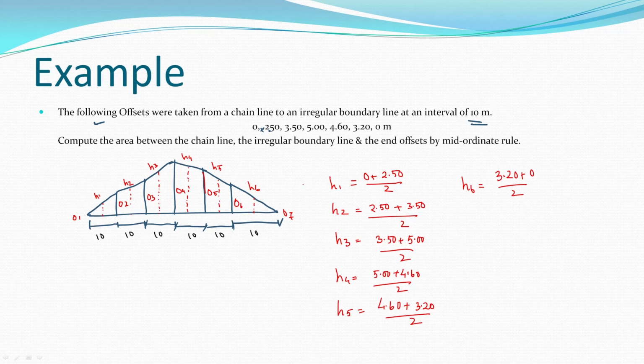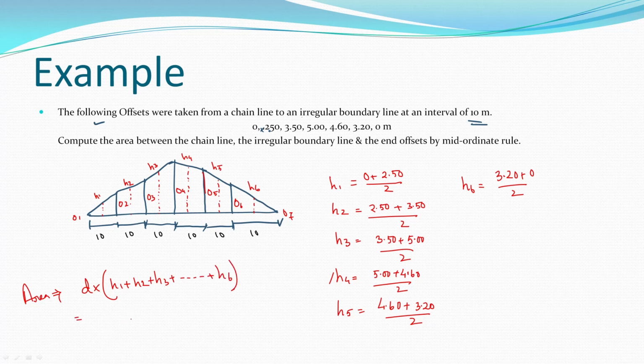Now what you need to do is just determine the area. Area will be nothing but the common distance into the summation of the mid ordinates, right. So d into H1 plus H2 plus H3 up to H6.